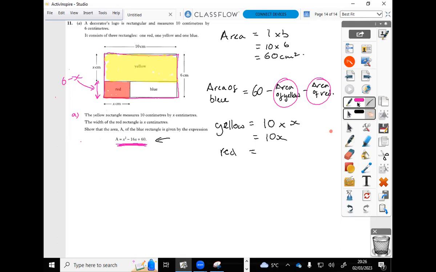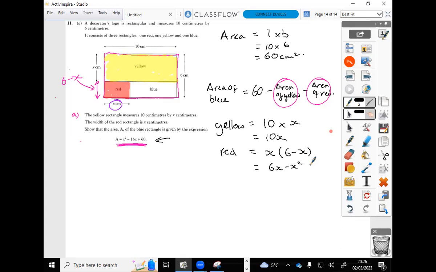So the area is going to be x multiplied by 6 minus x, which equals 6x minus x squared. Horrible question, isn't it?